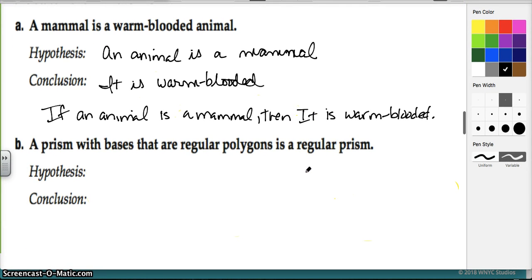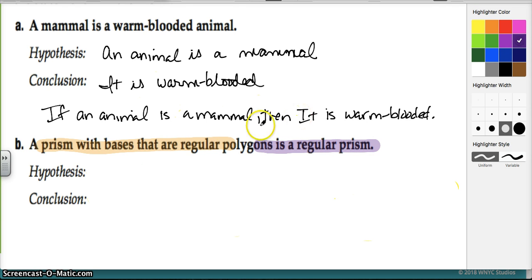Let's take a look at this one. A prism with bases that are regular polygons is a regular prism. So to me, it looks like we're saying that if we have prisms with regular bases, then those prisms are regular prisms. So I'm going to write it just like that.